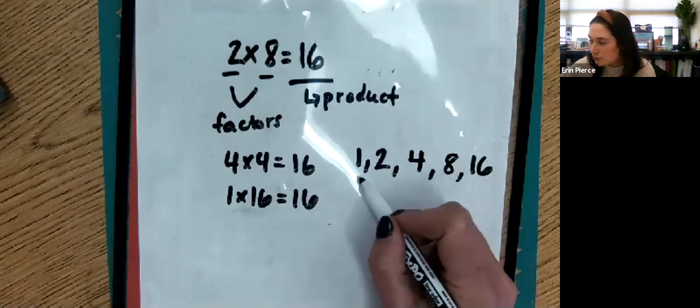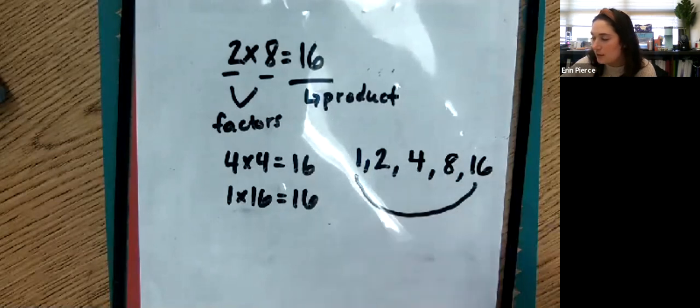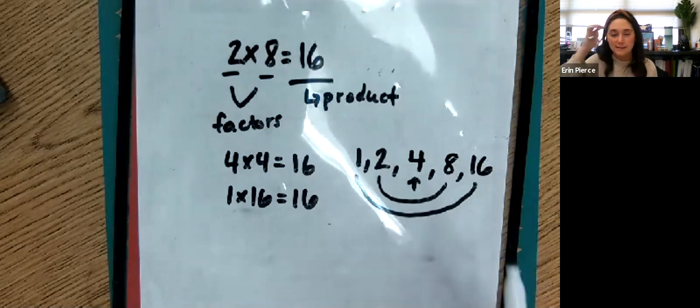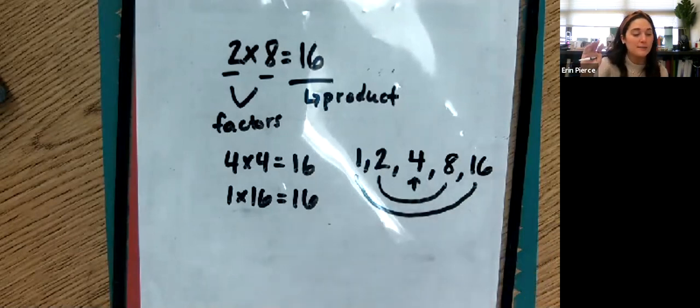So if I were drawing my little rainbow underneath, 4 is kind of by itself. And we have 5 factors for the product 16.